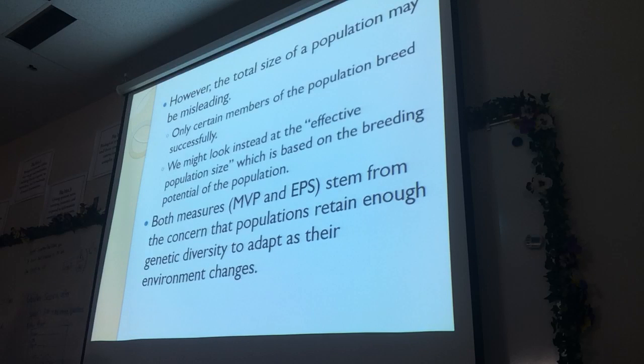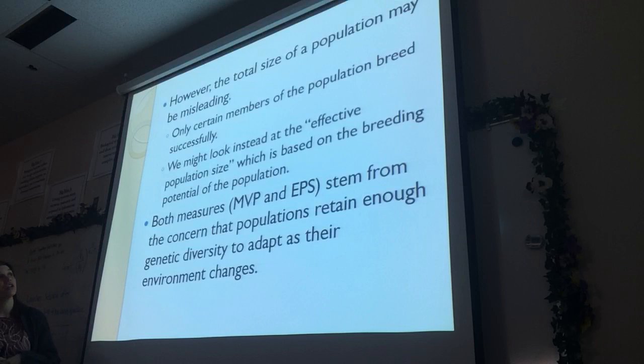But that total size of a population could actually be misleading. Only certain members of the population breed successfully, and so instead we might look at the effective population size. Because if we're having a lot of trouble with the younger individuals being successful, and our population is aging, the older individuals are probably not reproducing anymore. And so looking at the total population is often not insightful.